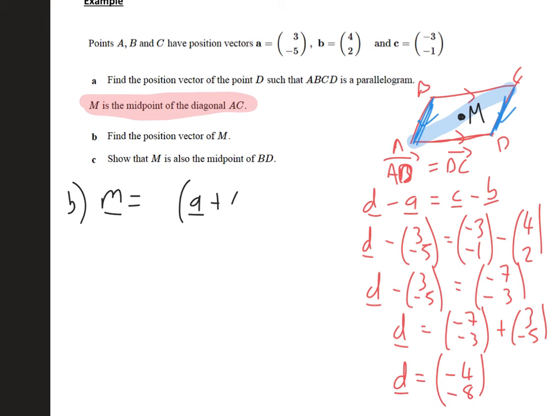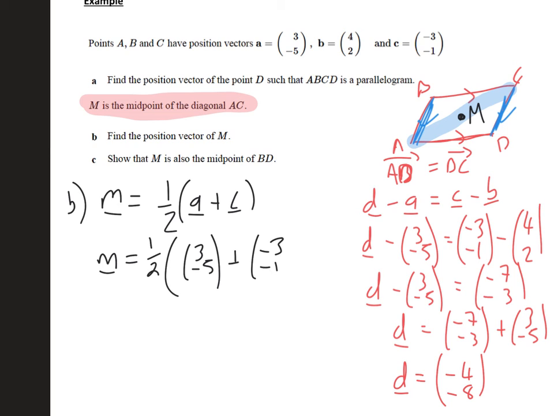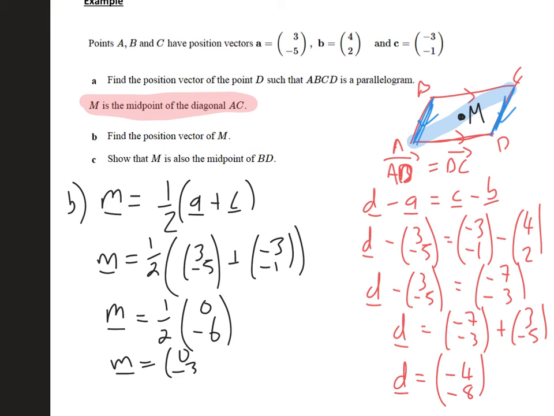So I'm going to do a add c and halve it. So my midpoint, which I'm calling m, is half of (3, -5) plus (-3, -1). So m is half of (0, -6). So m is just (0, -3).